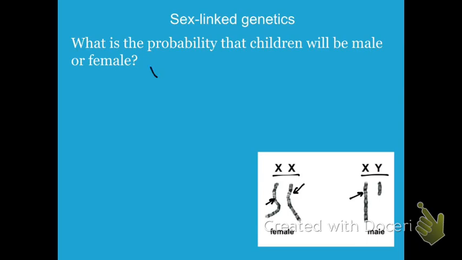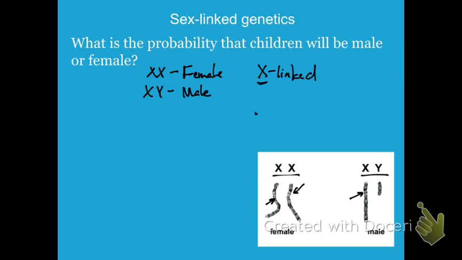So a biological male has an X and a Y chromosome, and a female has 2 X chromosomes. What's interesting is all these genes are X-linked. So sometimes you see sex-linked or sometimes you see X-linked, which means they're all found on the X chromosome.